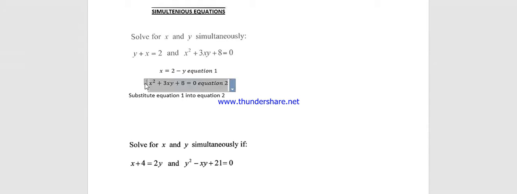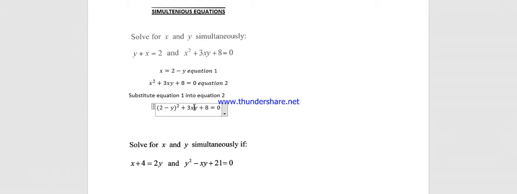This means wherever in equation 2 I see x, I am going to put 2 minus y, because that one is equal to x, right? So here is x, and now I am changing this one. It is now 2 minus y, close bracket.